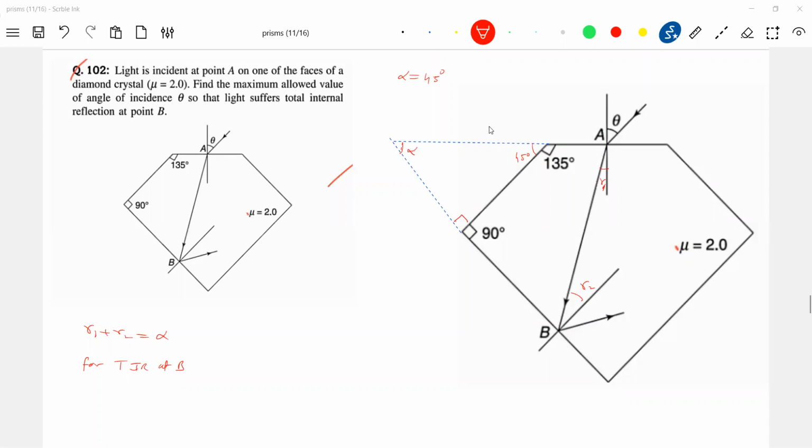The answer I'm getting. Okay, let me get into this one. So for TIR at B, what should be R2? R2 should be greater than or equal to C. So let this be the mu of prism. So this will become sine inverse of 1 by mu. Mu value we know is equal to 2. So therefore this will become R2.